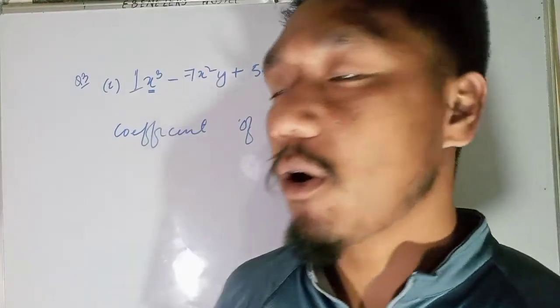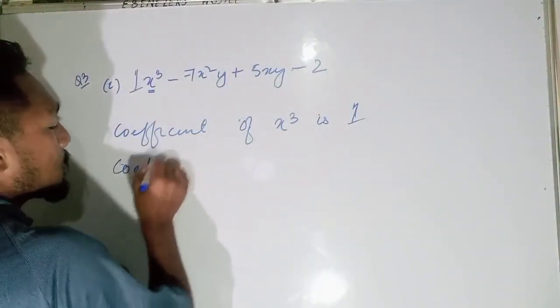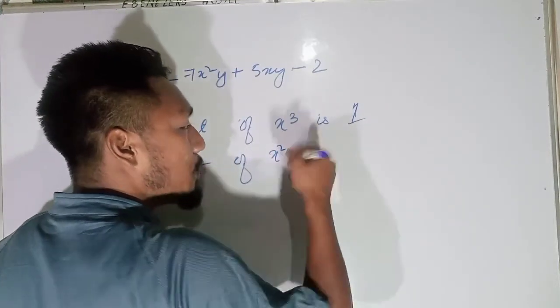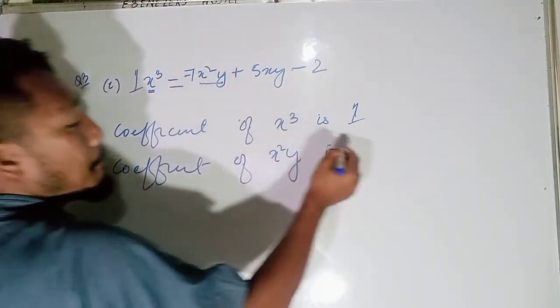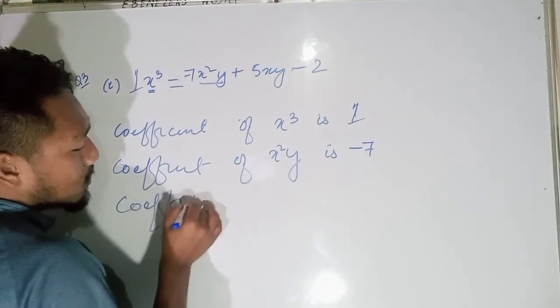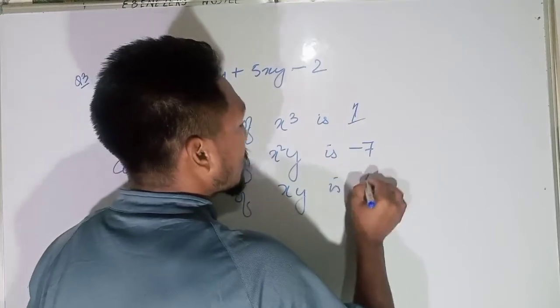Similarly, the numerical coefficient of x squared y: numerical means numbers. You see what is written here, minus 7. The numerical coefficient of xy is only 5.